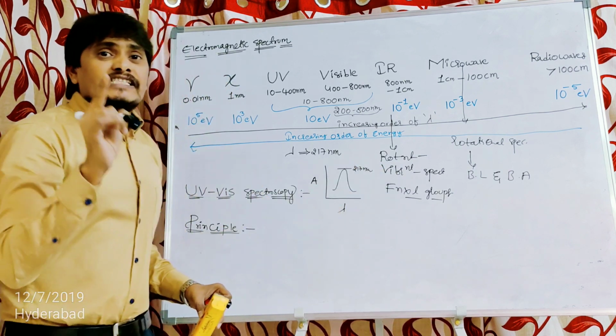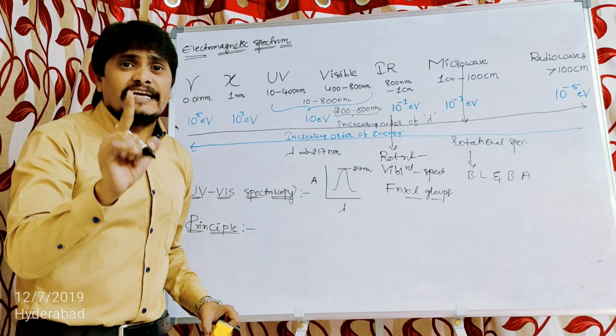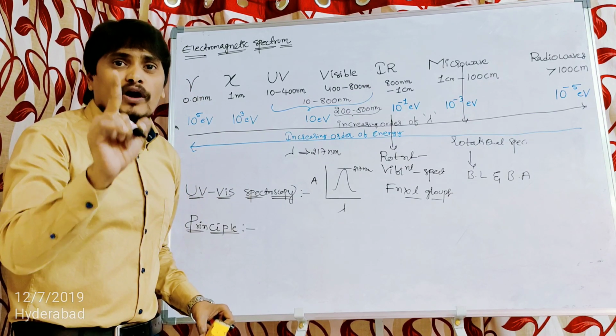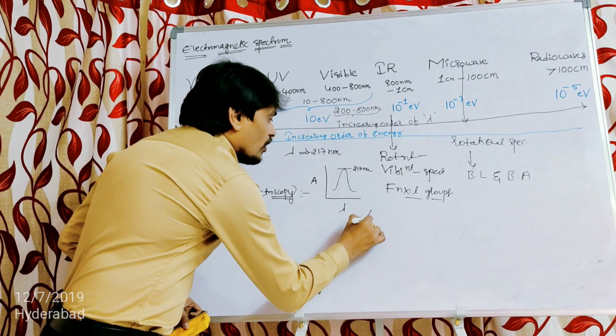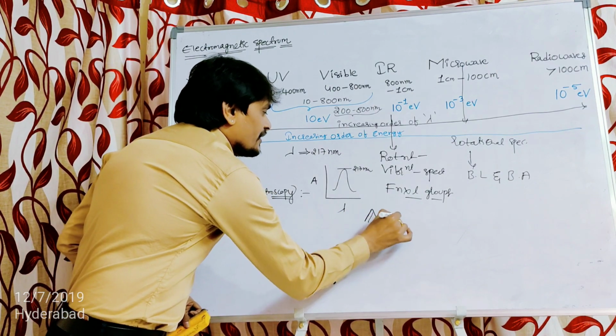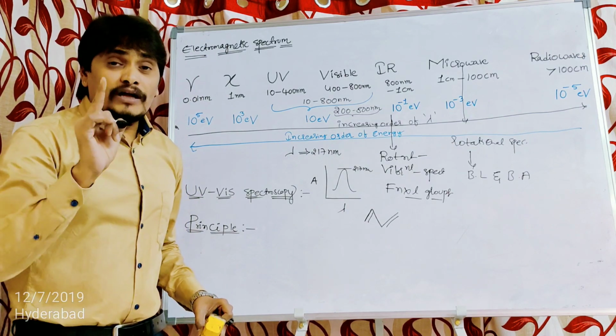If the band is absorbed at 270 nanometers, that clearly indicates that our molecule is 1,3-butadiene. Right? 1,3-butadiene.